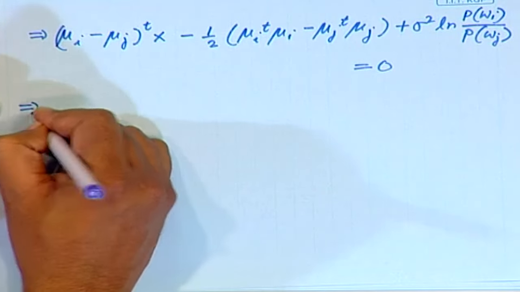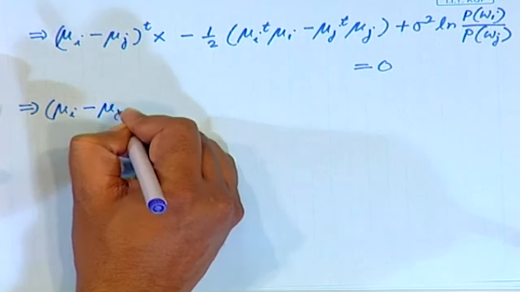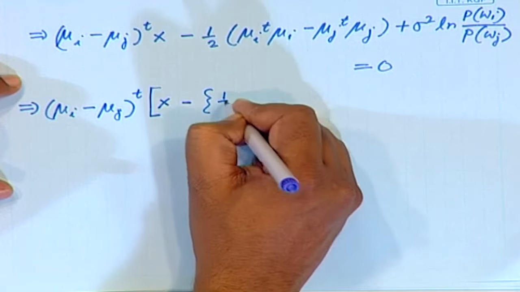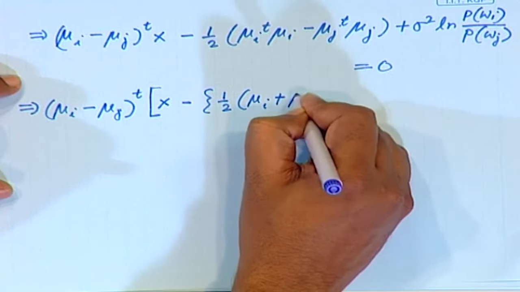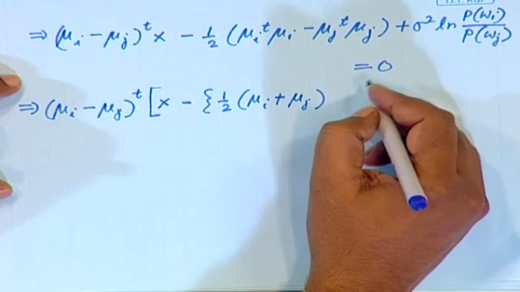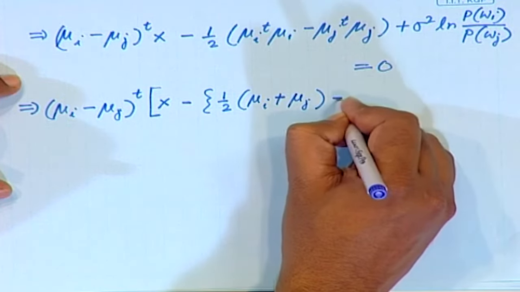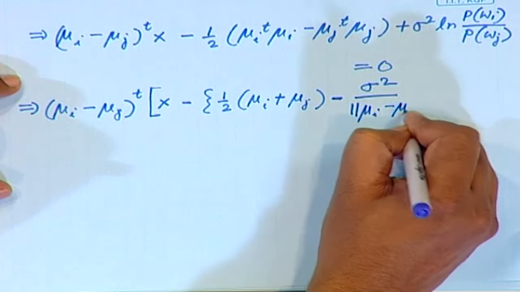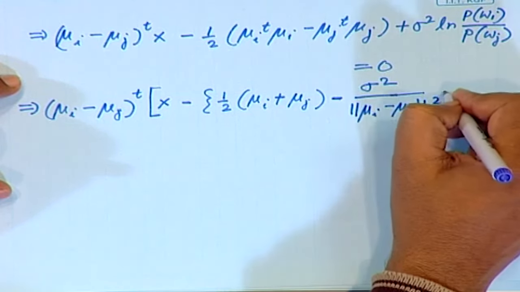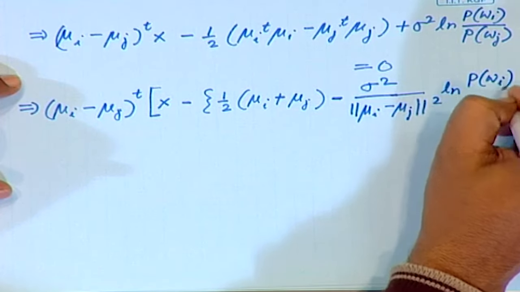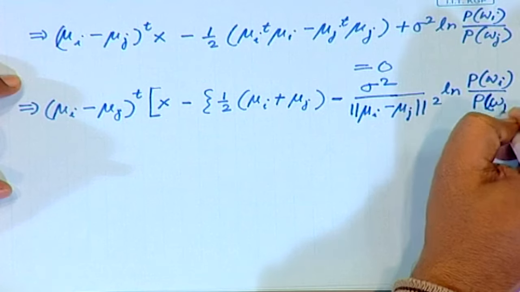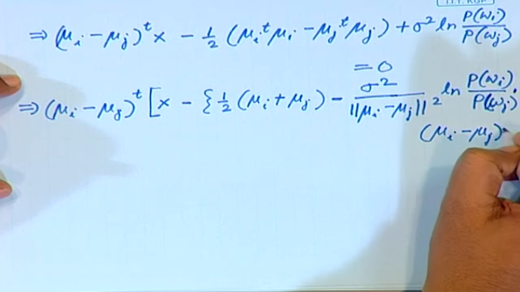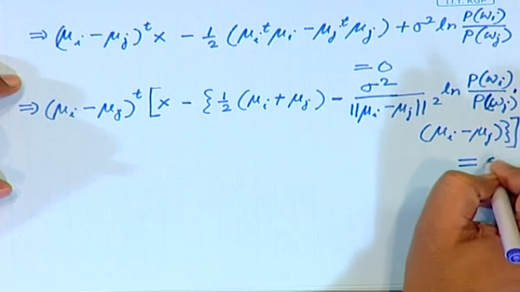I can write it in the form (mu i minus mu j) transpose into x minus half of (mu i plus mu j) minus sigma square upon the squared norm of (mu i minus mu j) times log of the ratio of the priors, and this is equal to 0.